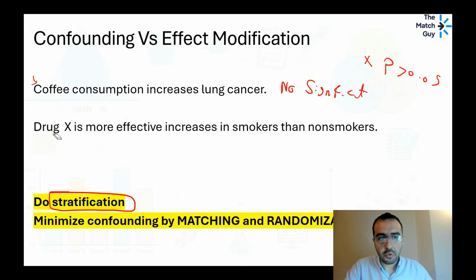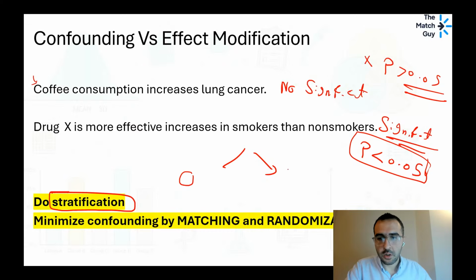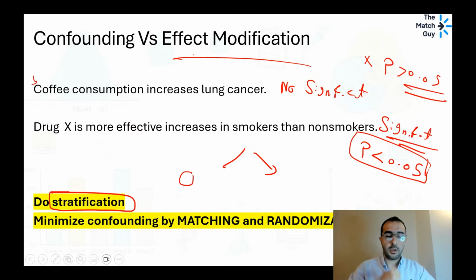But when you do stratification in effect modification, you will see a significant result in one group. So one group will be lower than 0.05. Okay, so once you do stratification, if both groups are more than 0.05, there's confounding. If one of them is significant, i.e. lower than 0.05, it's called effect modification. Okay, I hope it makes it clear.